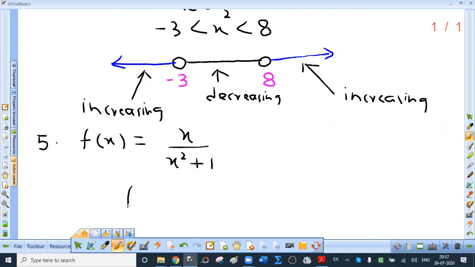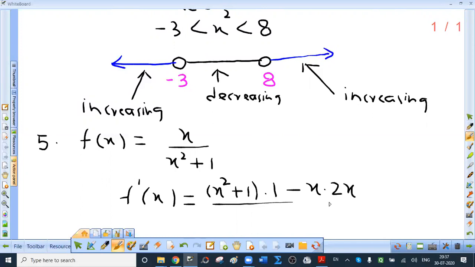Similar. So what is f dash of x? Here you have to use the quotient rule. Denominator x square plus 1 into derivative of x, which is 1, minus numerator x into derivative of denominator. What is the derivative of denominator? It is 2x, upon denominator square.